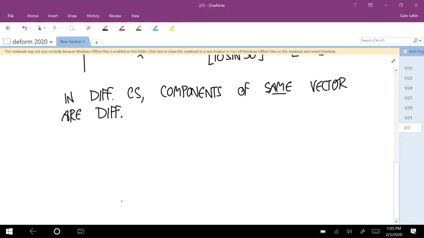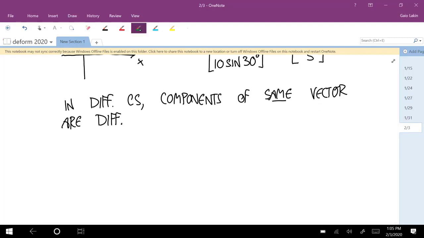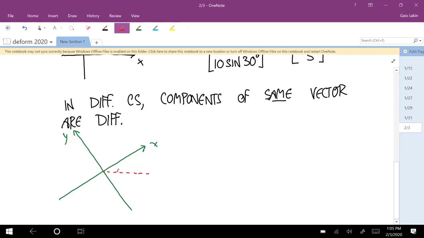So now let's say that we're going to use a coordinate system where the x-axis is this, and this x-axis makes an angle of 30 degrees with the horizontal.